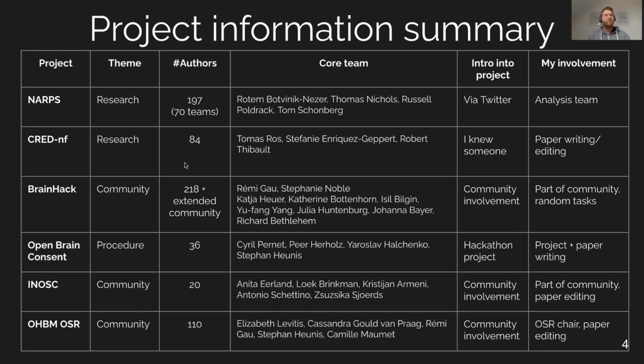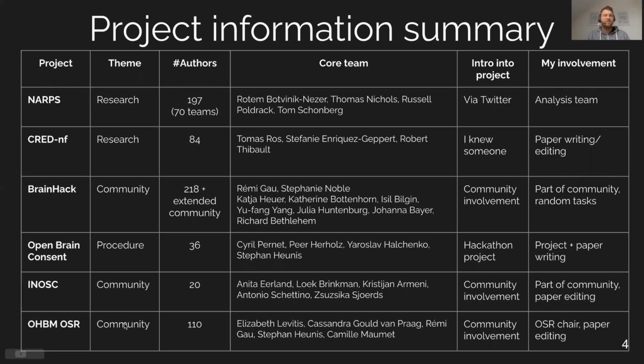And then we also have different types of themes. Like the Brainhack community, which is more a community-driven effort, not focused on a particular type of research. This INOSC, which is International Network of Open Science and Scholarship Communities, something like that. Mostly coming from the open science communities in the Netherlands and how they work together.